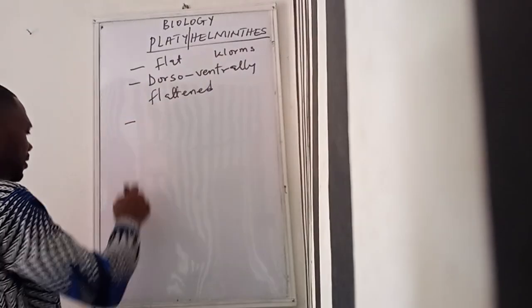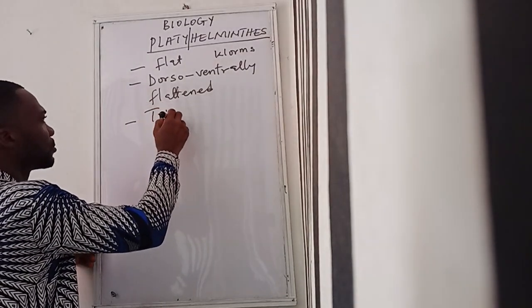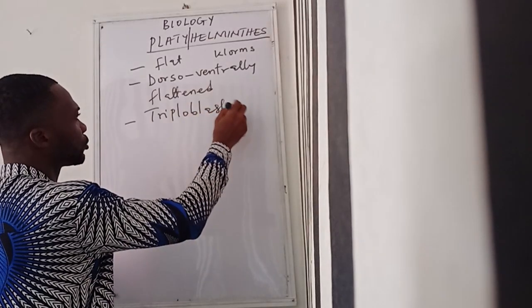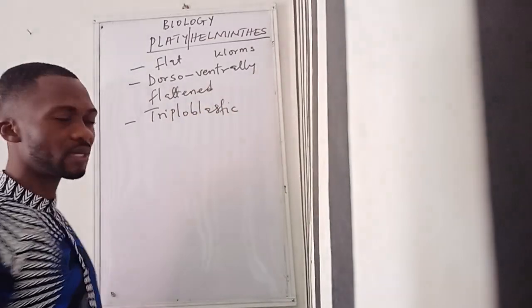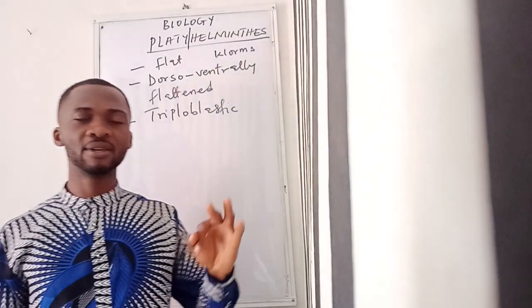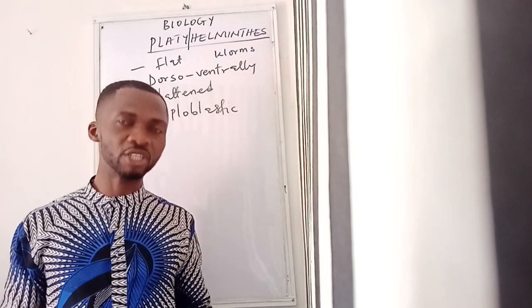Then it's also important to understand that members of this group are also triploblastic. When we say that an organism is triploblastic, that means that it has three true germ layers.